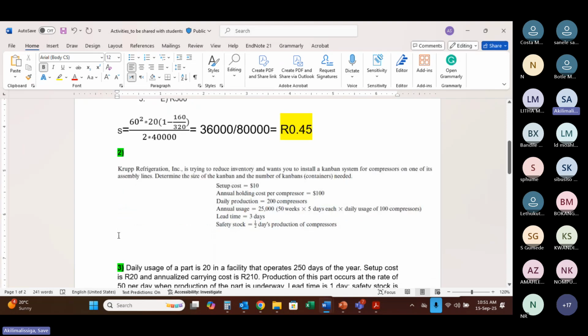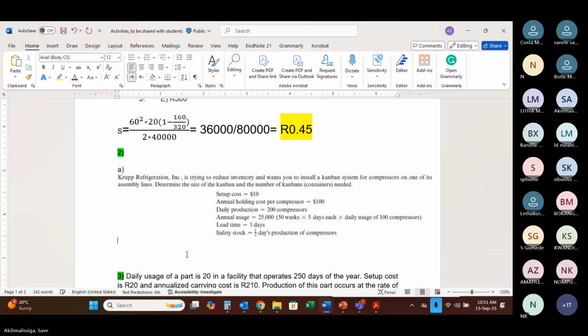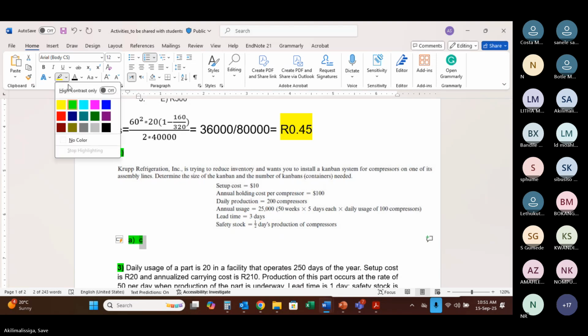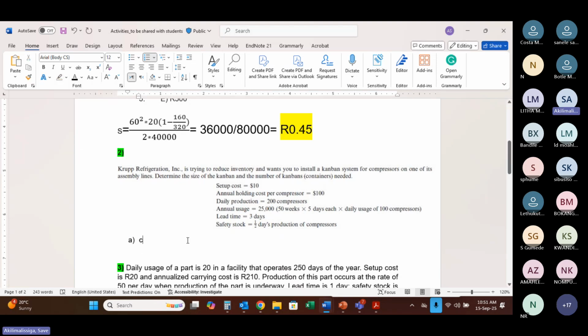So the first part, let's call it A. So the first question here says determine the size of the Kanban needed.